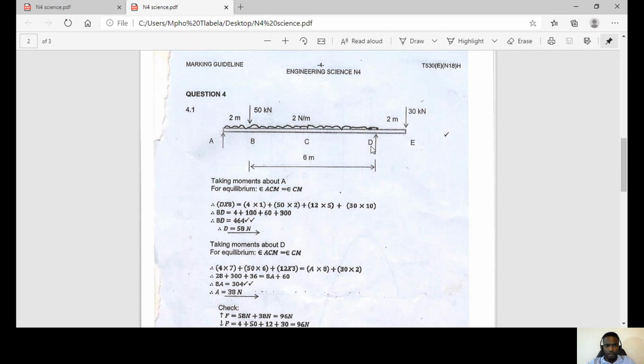Right, meaning you're going to have 64 plus 300. You minus 60 from it, you divide by 8, then we're going to get 38 newtons. That's correct. Yes, 100%. Remember, you can work a distribution load in portions, or you can take it as one.